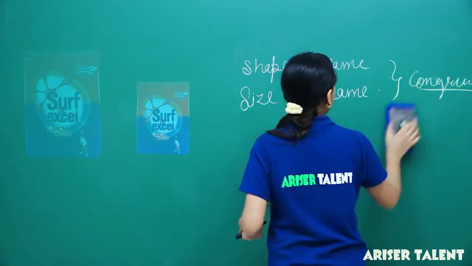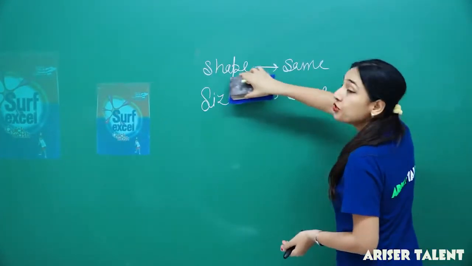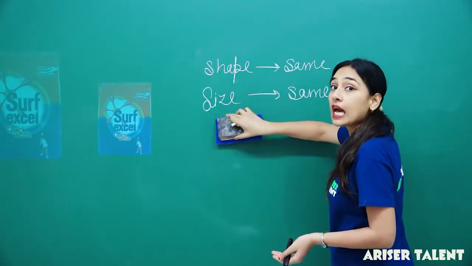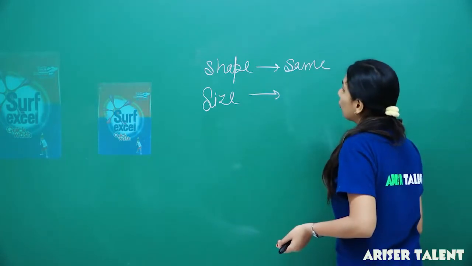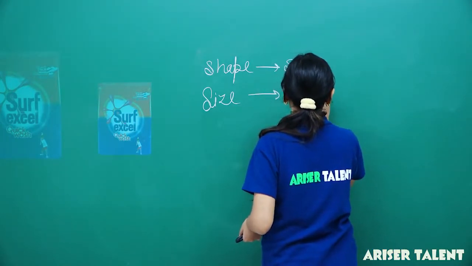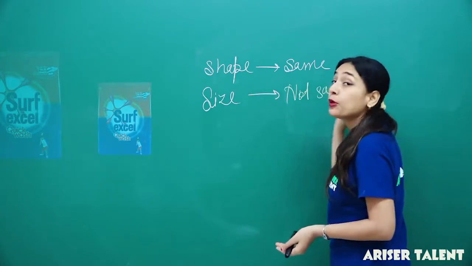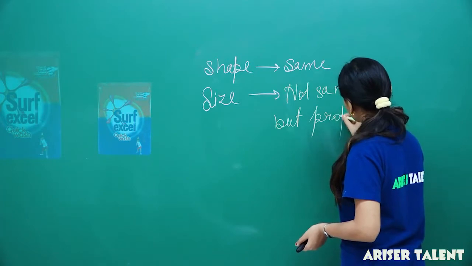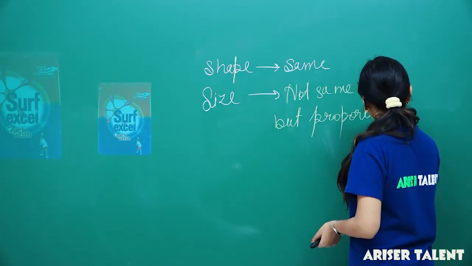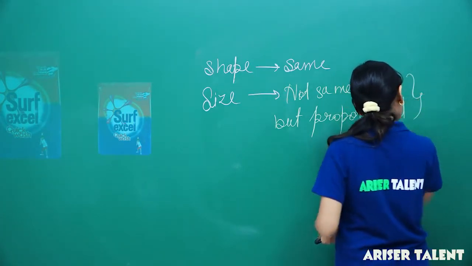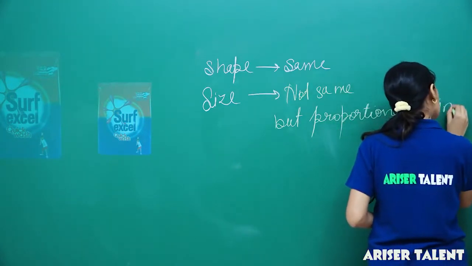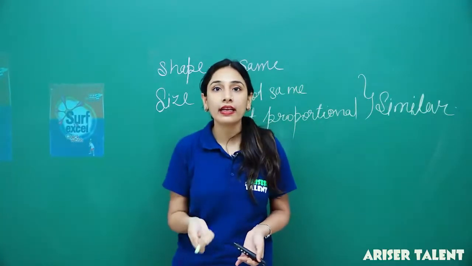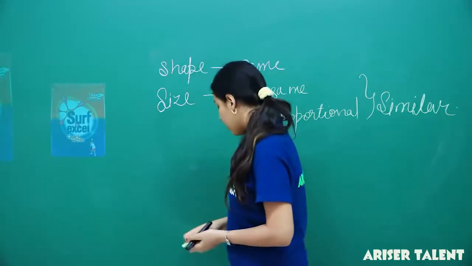But if shape is the same but size is not the same but proportional, then we will call it a similar figure, and if that figure is a triangle, then we'll call it a similar triangle, right?